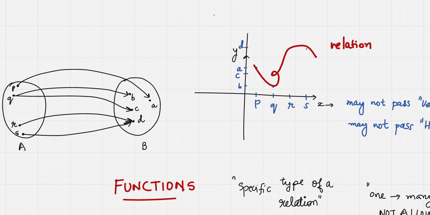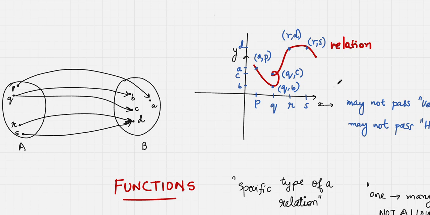It connects the points A comma P, then Q comma B, and then Q comma C, R comma S, oh, not R comma S, R comma D, and R comma S. So a rough sketch of the relation on the XY axis was found by connecting the dots.